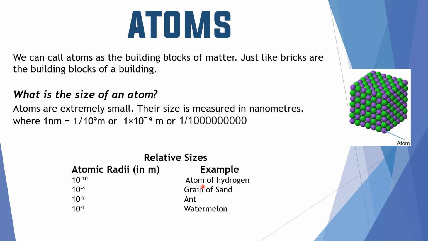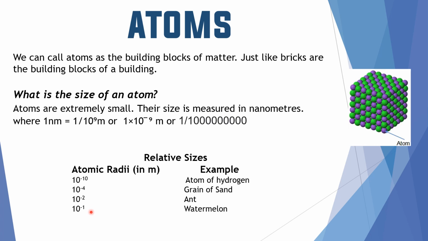Atoms are round in shape, like a circle, so we take the atomic radius, not the diameter. The atomic radius of hydrogen is 10 power minus 10 meter. Then a grain of sand is 10 power minus 4, the size of an ant is 10 power minus 2, and the size of a watermelon is 10 power minus 1.